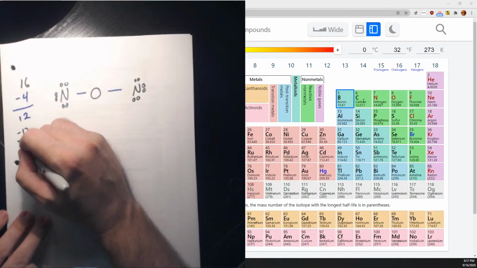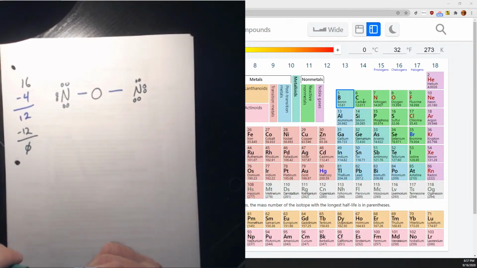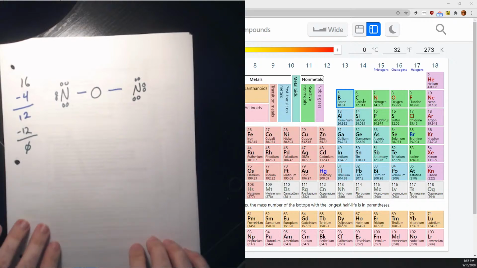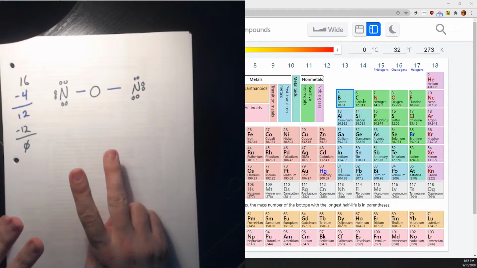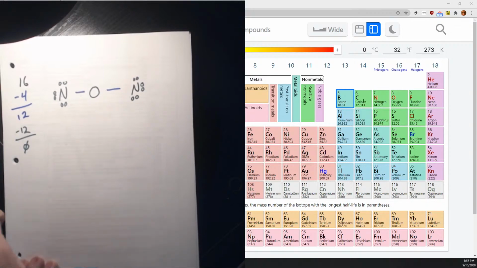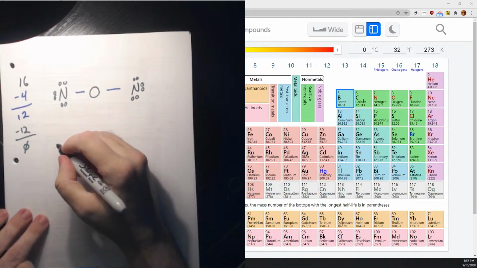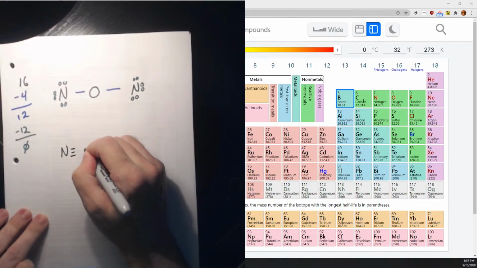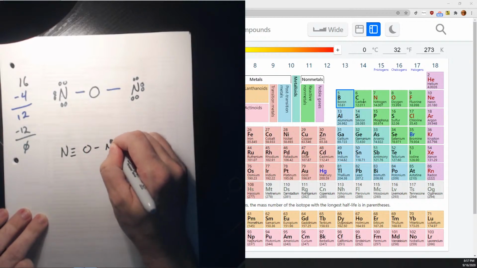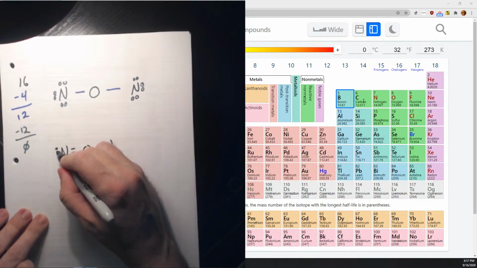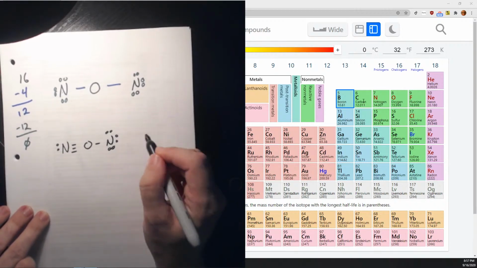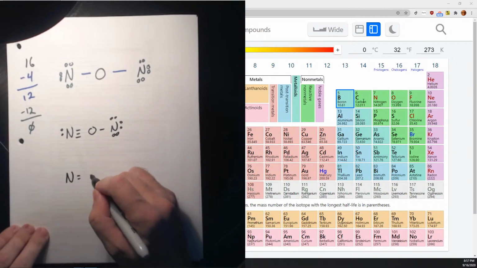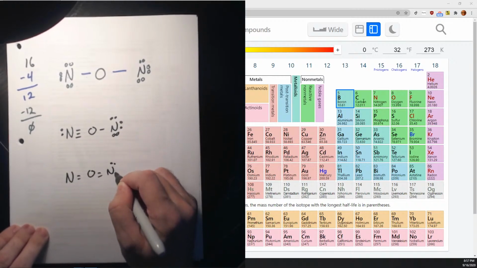And that uses up all of our electrons. Oxygen still isn't happy. And now we are going to end up with 2 possible structures. One of them is probably better than the other, just by the way these things work, but we're going to be thorough. One is nitrogen, triple bond, oxygen, single bond, nitrogen. 1 lone pair here, 3 lone pairs here. The other one is with a double bond to either side.